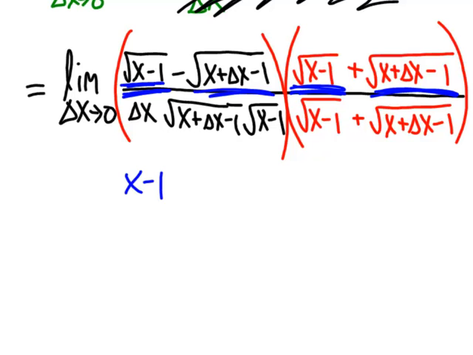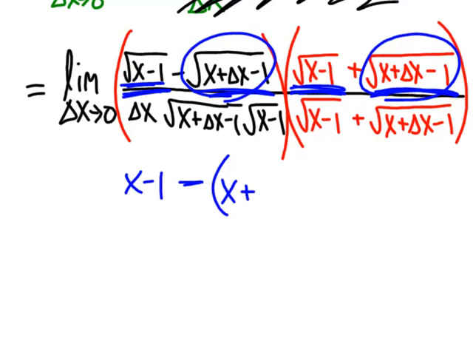So thankfully, I don't have to write that. And now I just have to subtract the last term, this times this, and distribute the negative. So if I subtract that, I'm going to get minus parentheses x plus delta x minus 1. Again, the square root signs cancel.